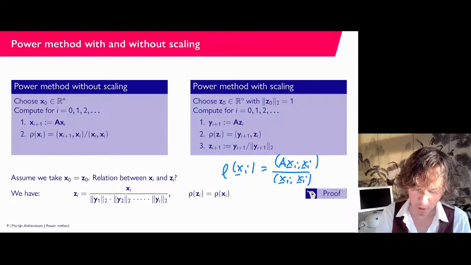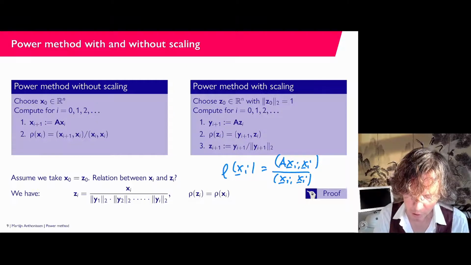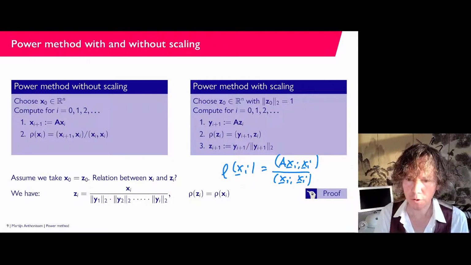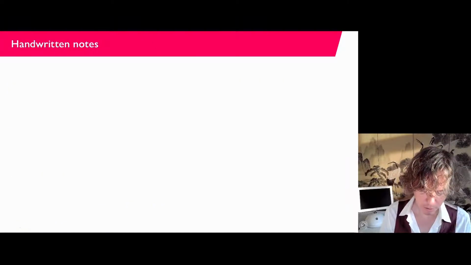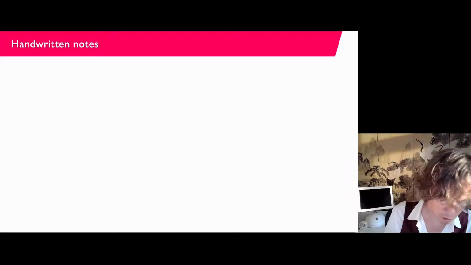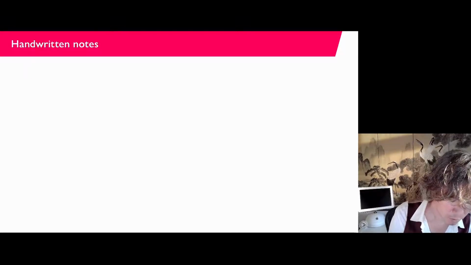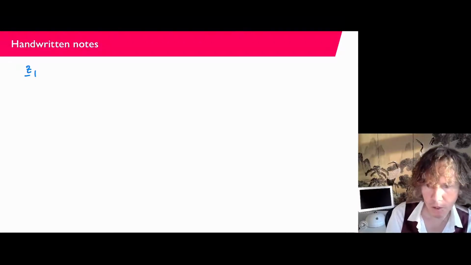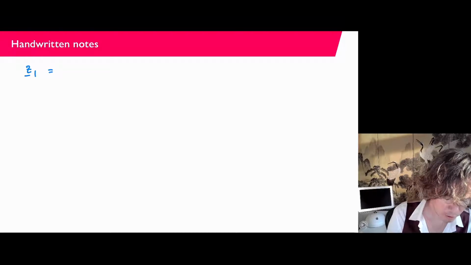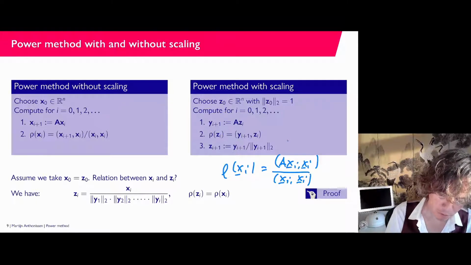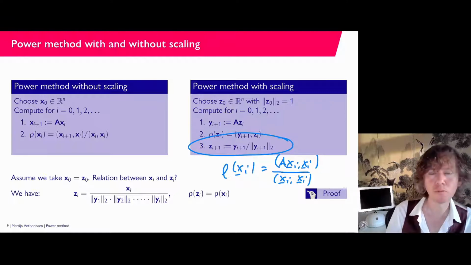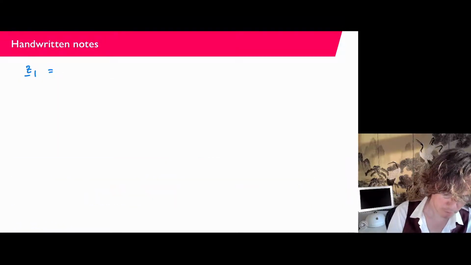So I'm going to do that on a new page because I need a little bit of space for that. Now, if you look at how the vector z1 is defined, if you look in the algorithm here, z1 is going to be y1 over its length, y1 over the length of y1 to give it length 1.